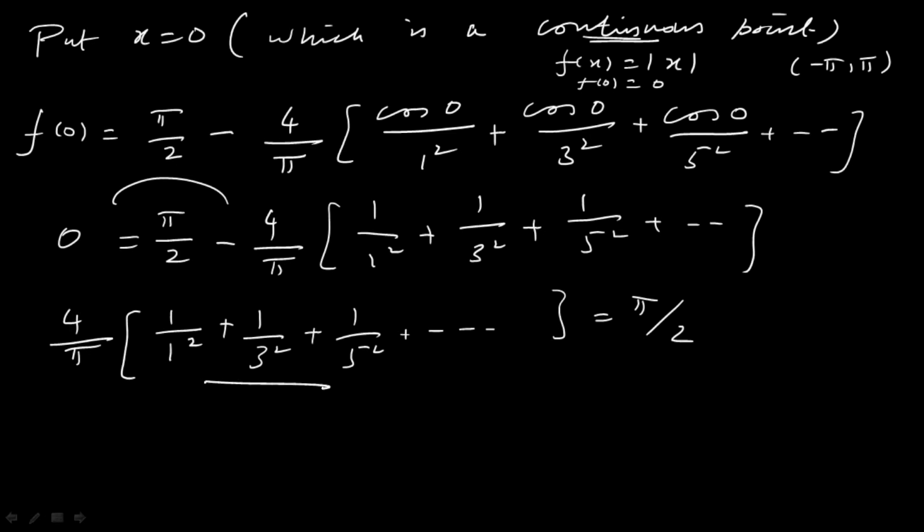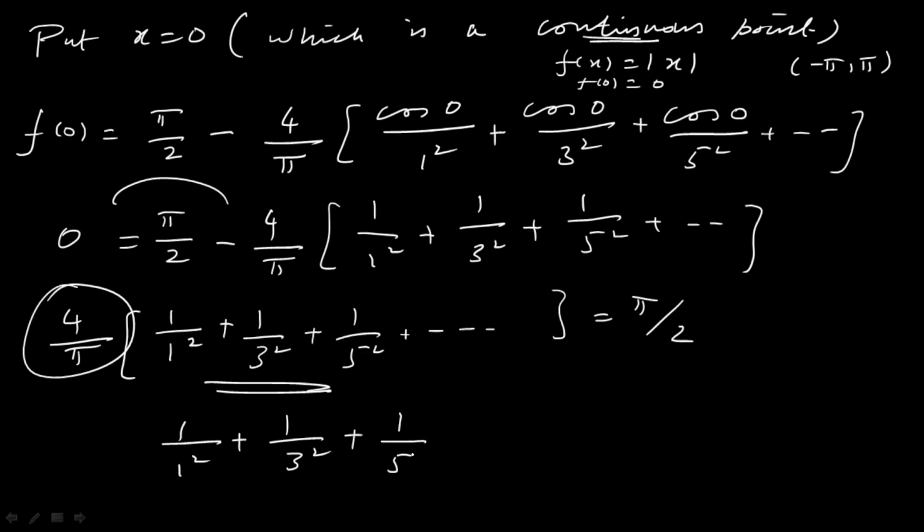You need this series alone on this side, so you take this 4 by pi to the other side, and pi by 2 is in product form. That's all. This is the deduction part we need.